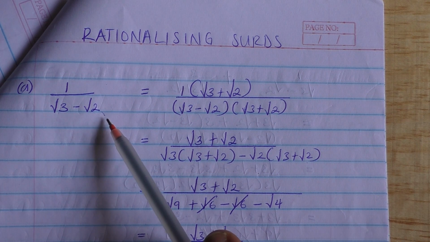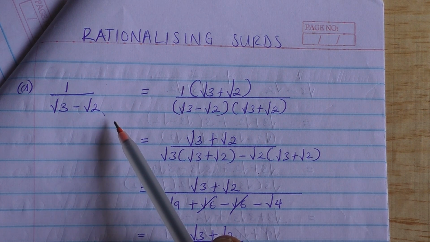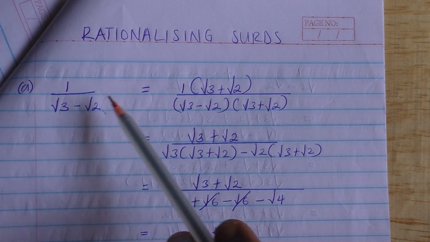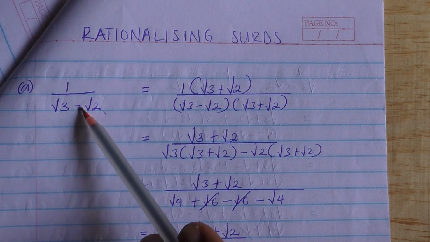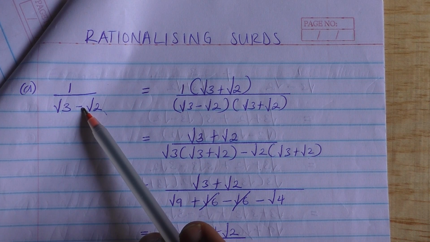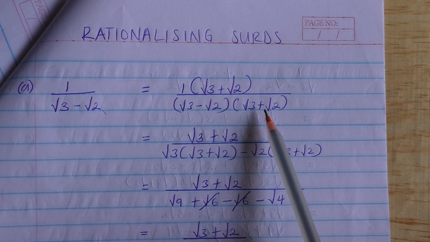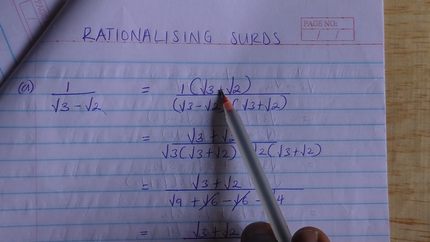And we multiply that conjugate by the numerator and the denominator, and we end up with such a thing. So our conjugate was, since it is a minus, the conjugate will have a plus, and we multiply that conjugate down and up.